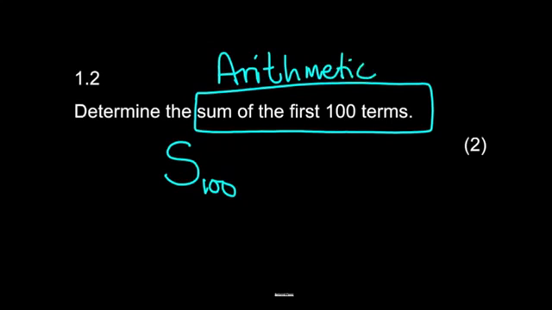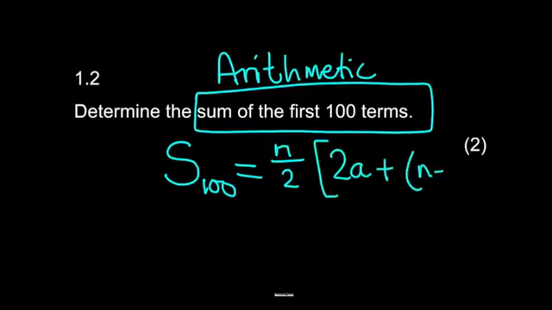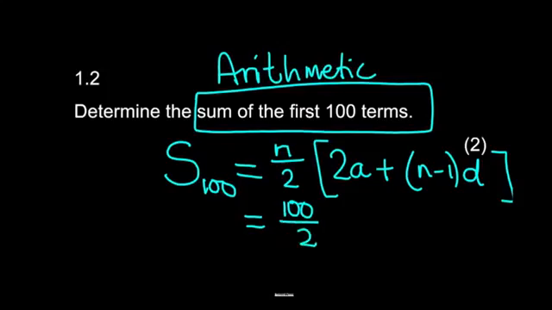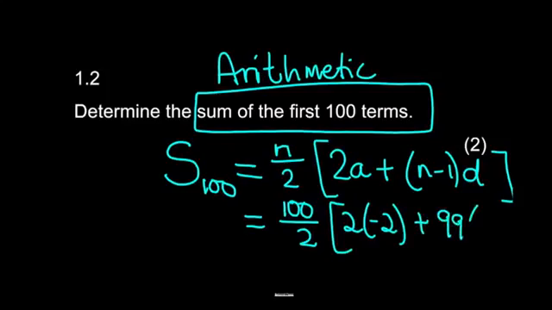So if you've already established that it's arithmetic, then the sum of 100 would be n over 2 multiplied by 2a plus n minus 1 d. So we get 100 over 2 into our first term, which is negative 2, and we had 99 differences. 100 minus 1 is 99.